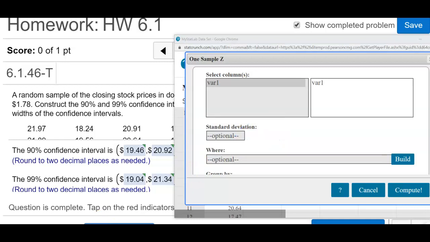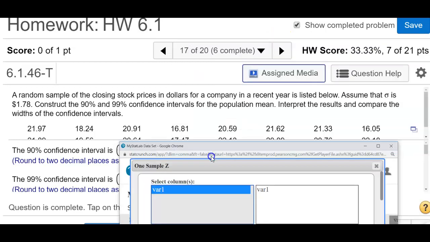Let me go ahead and read the problem here. A random sample of closing stock prices in dollars for a company in a recent year is listed below. Assume that the standard deviation is 1.78. So I'm going to open my data in StatCrunch.